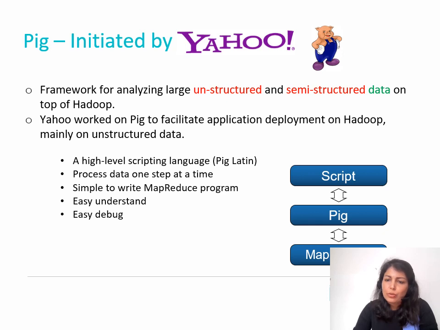If you want to analyze data, you just need to write in a scripting language, and then Pig can translate this scripting language to a MapReduce program. It processes the data one step at a time, and the benefit of using Pig is that a developer doesn't need to implement any complex Java code, and the scripting language is easy to understand and also easy to debug.